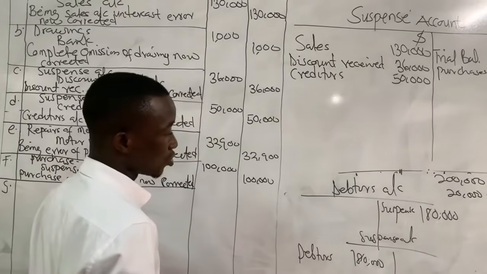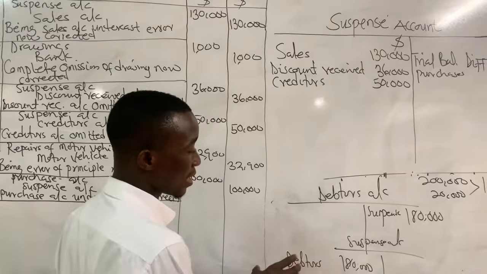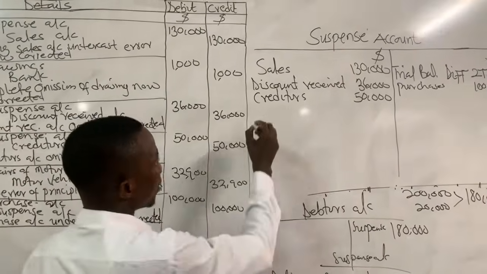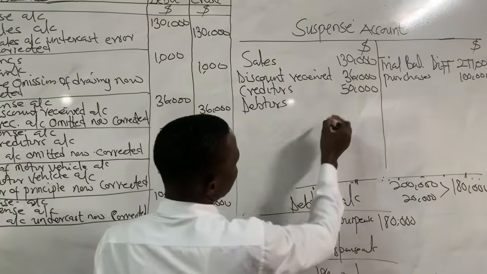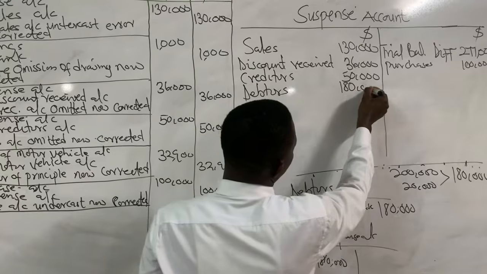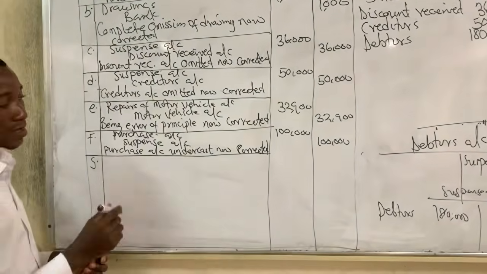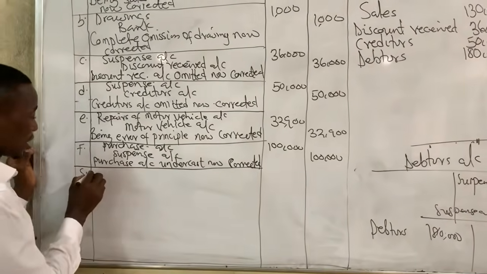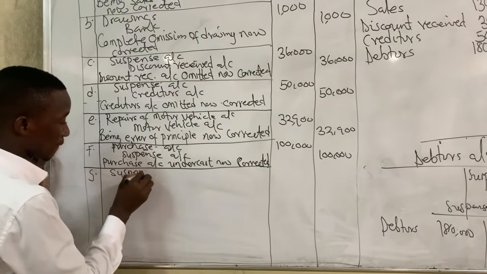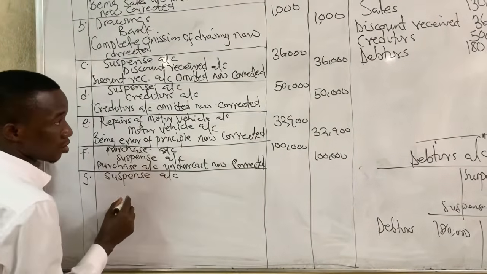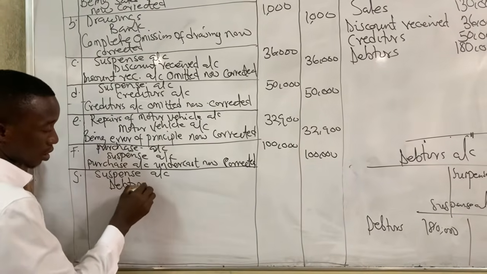This error involves a suspense account, so it will pass through the suspense account. The suspense has received a debit entry, so we come here and write in the name of debtors, and the amount is $180,000. We come and pass it through the journal. Suspense has the debit, so we record suspense account, and the corresponding entry is debtors account or customers account.